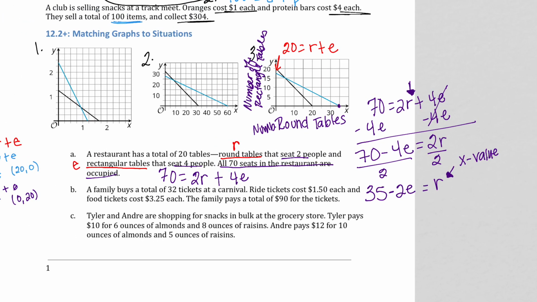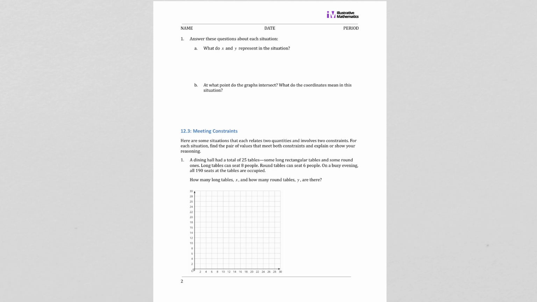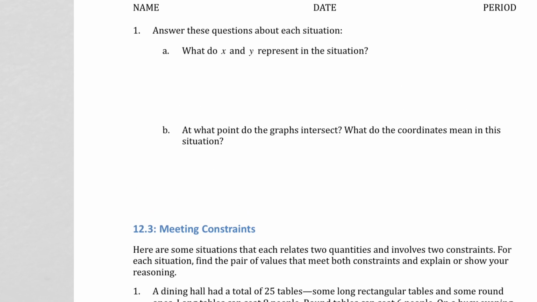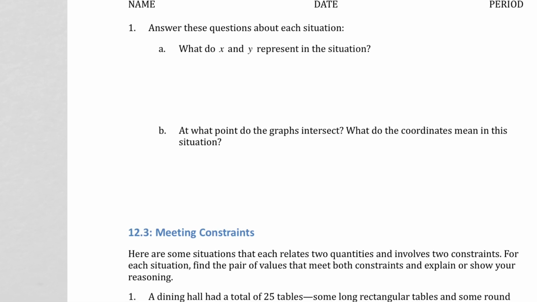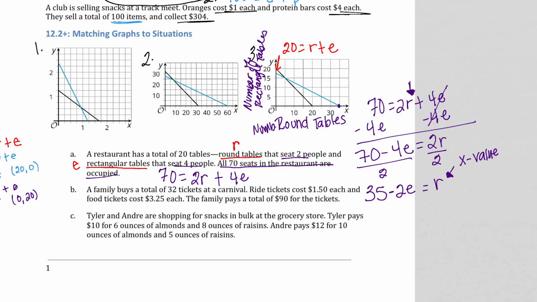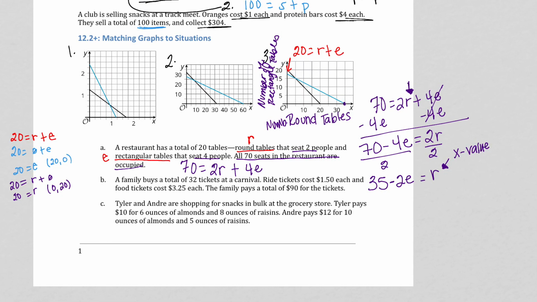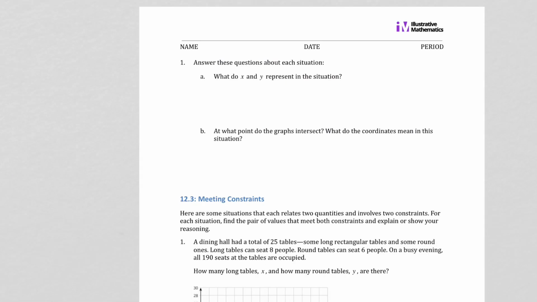I'm going to click over to this really quick. It says to answer these two questions about every situation. On A, we already did the first part. So on A, X is round tables and Y is rectangular tables.